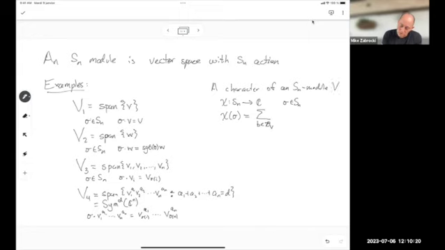It's a module with a basis B, and it's the coefficient of B in sigma acting on B. So I'm going to summarize the elements of characters that we need.